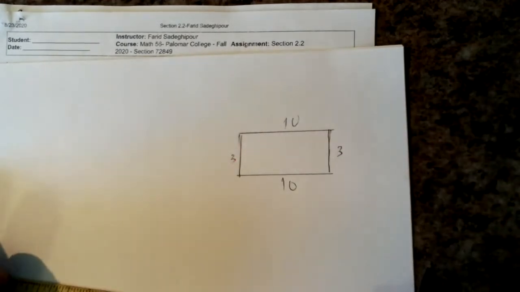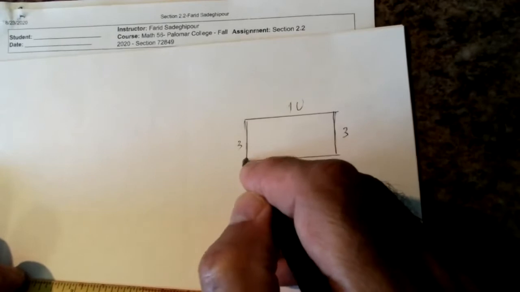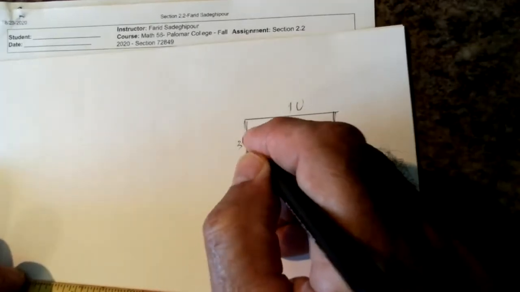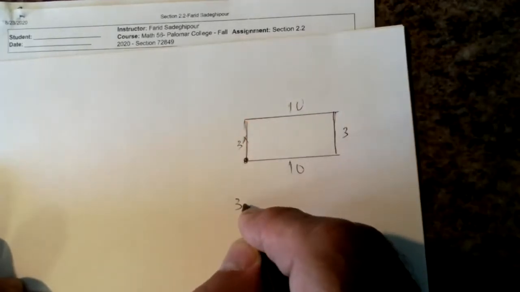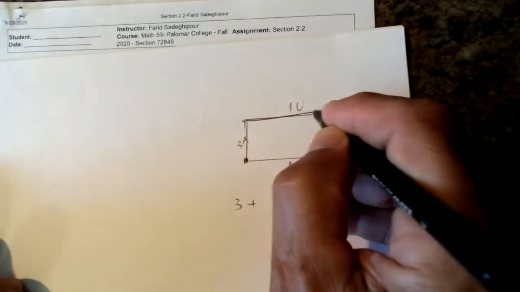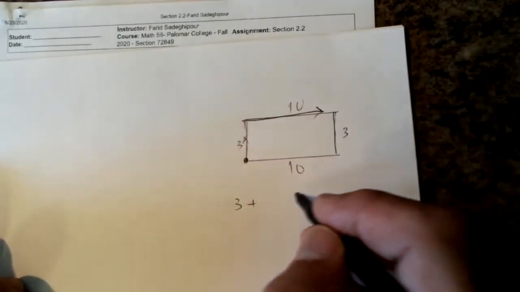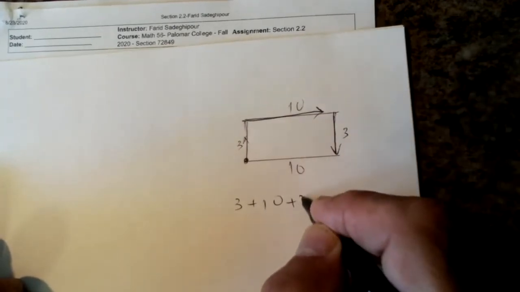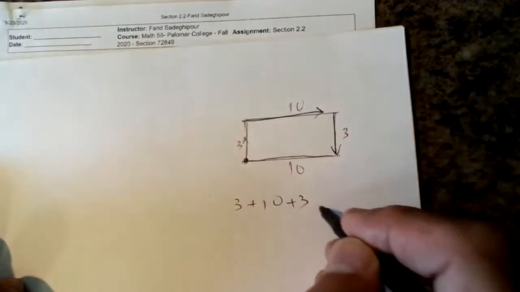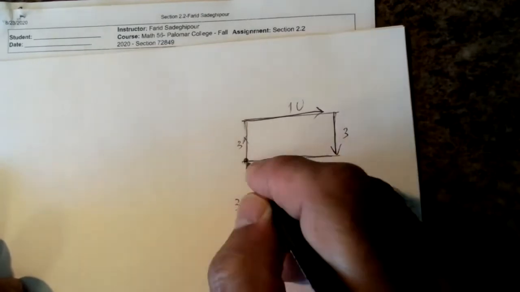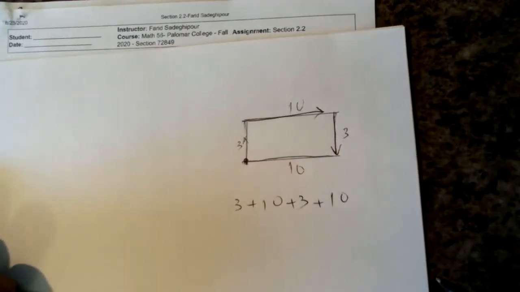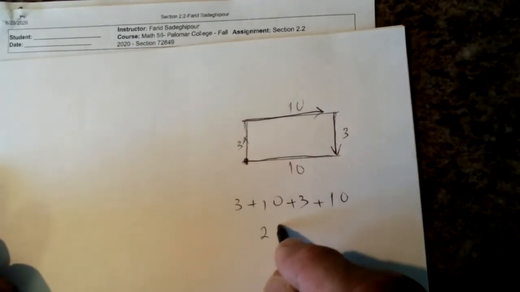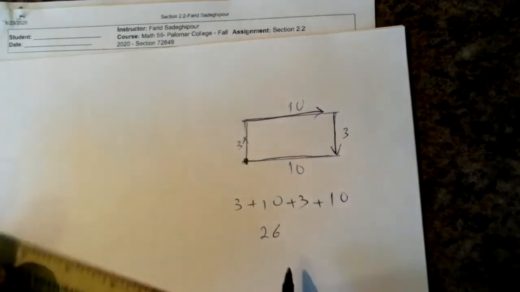When I ask you to find the perimeter, you start from one point and measure: I have 3 feet here, plus 10 feet here, then another 3 feet, and another 10 feet, till I reach the same starting point. So it would be 26 feet is the perimeter.